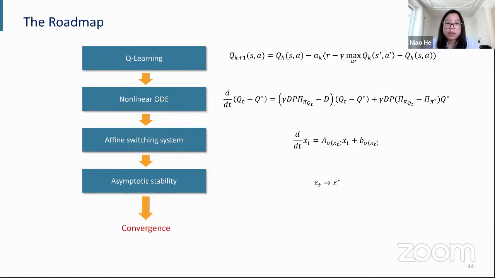And if this is asymptotically stable, then that gives you the asymptotic convergence, right? So this is a simple recipe that does not only apply to Q-learning, but potentially many other stochastic approximation algorithms.